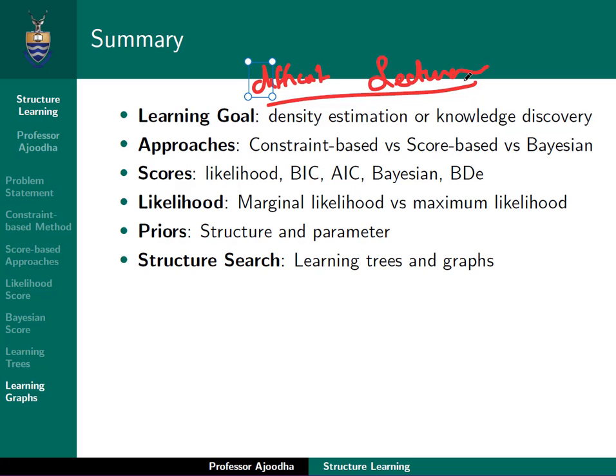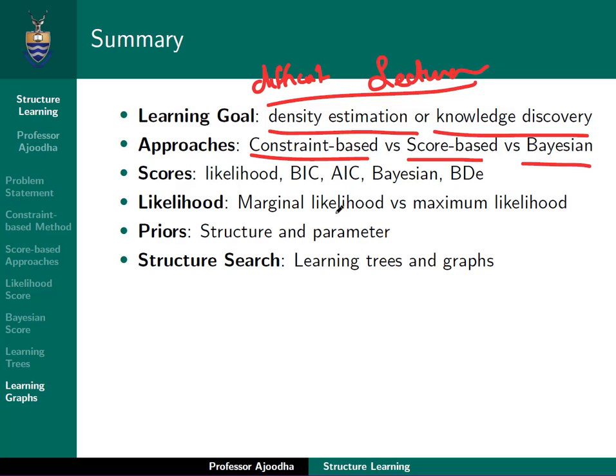And okay, in the summary here, why do we need to do structure learning? We need structure learning for density estimation, because density estimation is one of the goals, and also for knowledge discovery. There are many approaches to structure learning: constraint-based methods, score-based methods, and Bayesian methods. These are three of the foundational approaches.